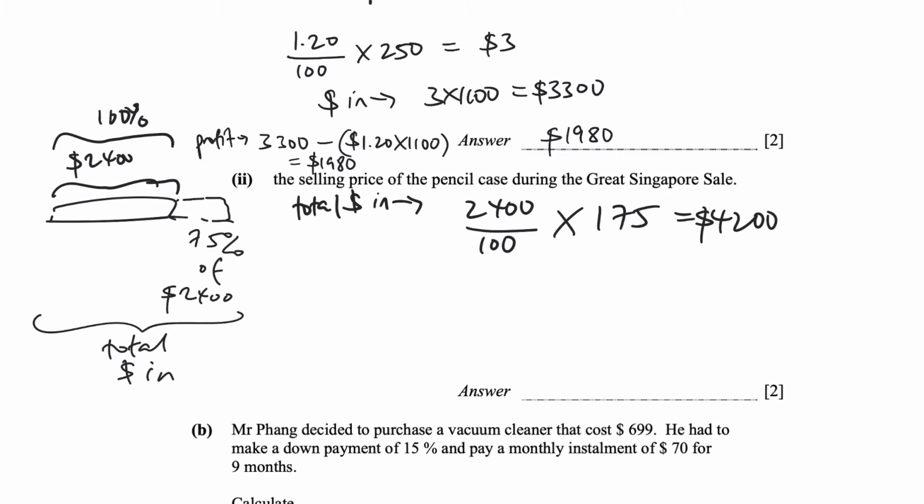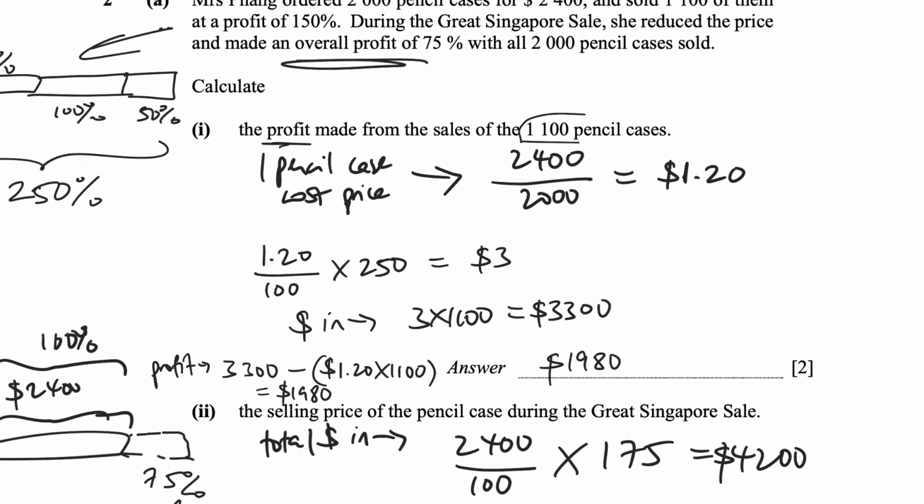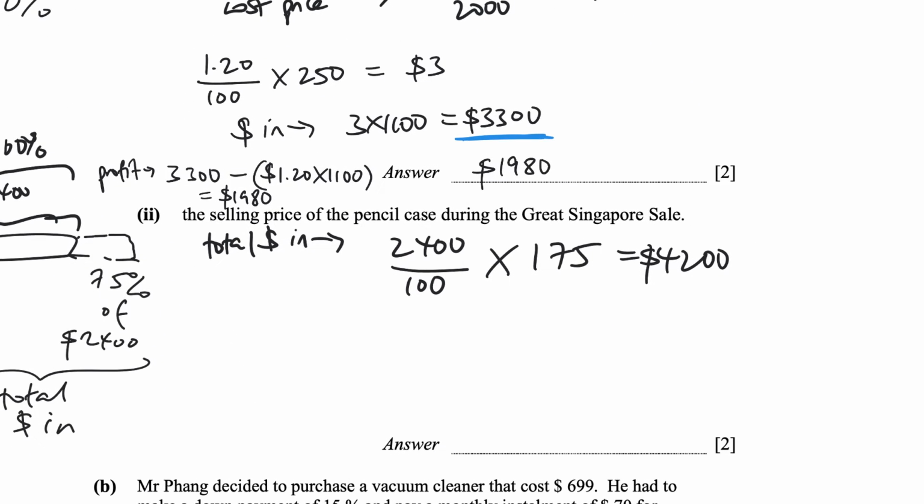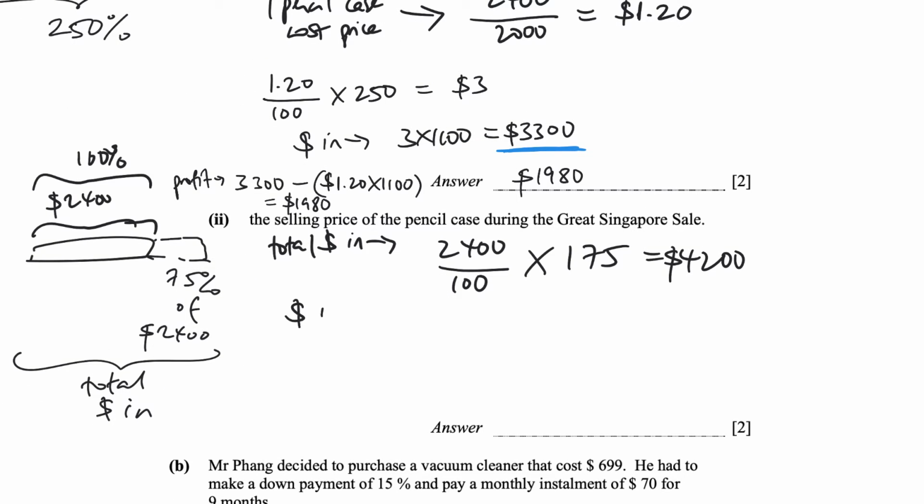But how much money came in from the Great Singapore Sale? Because if you look beforehand, $3,300 came in from the first 1,100 pencil cases. So how much money came in from the Great Singapore Sale? From the GSS it is therefore $4,200, subtract away the money that came in from the first part, $3,300.